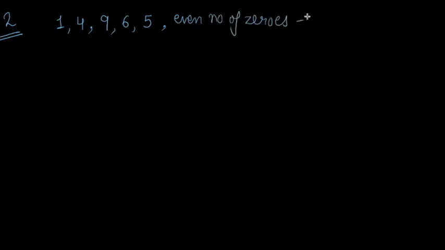If you remember, in my introductory video I told you the numbers containing 1, 4, 9, 6, 5 and an even number of zeros at the unit place are said to be perfect square numbers. And the numbers containing 2, 3, 7, 8 at their unit place are said to be non-perfect square numbers. Using the same, we are going to solve question number 2.